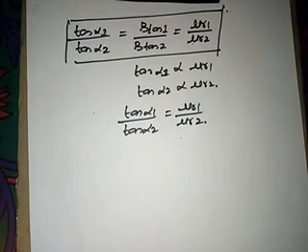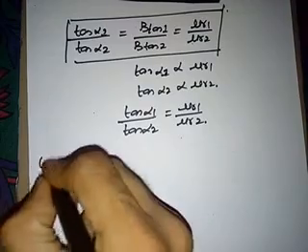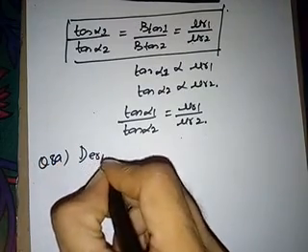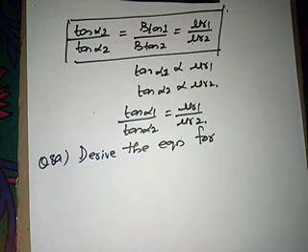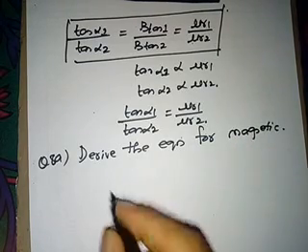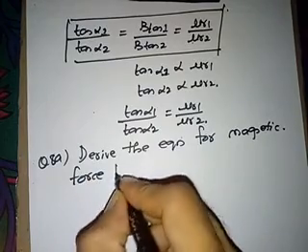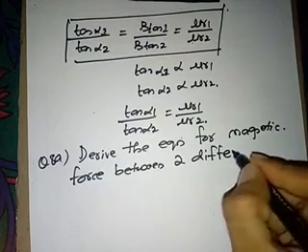So the next question is question number 8a: derive the equation for magnetic force between two differential current elements.